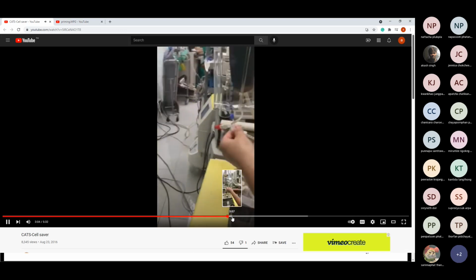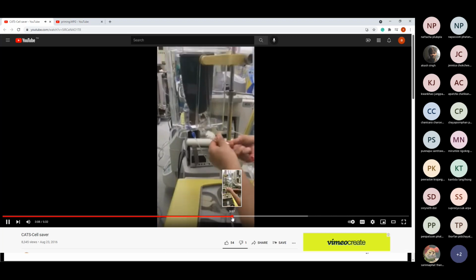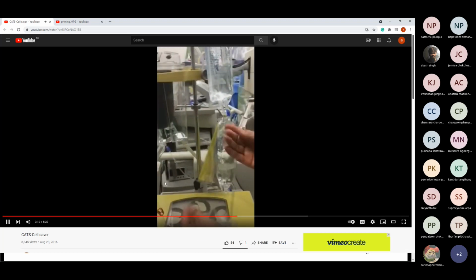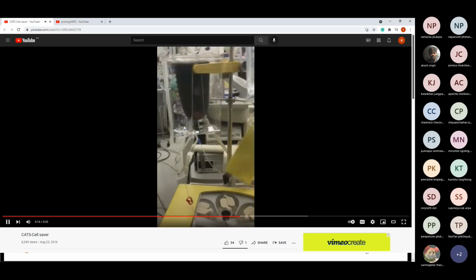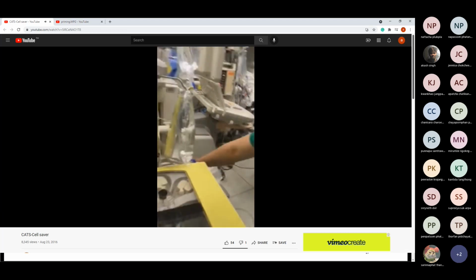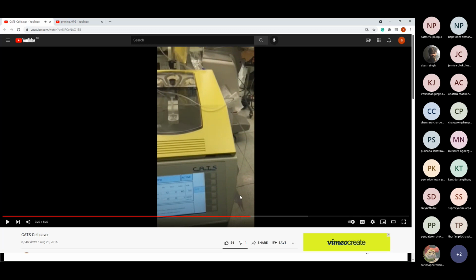Then connect everything together, like this one to the reservoir, this one to the washing solution, and the waste product is here.